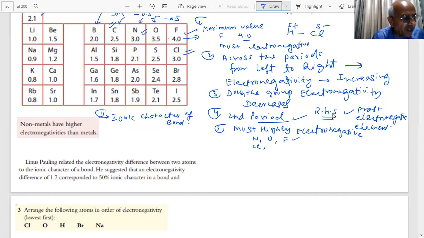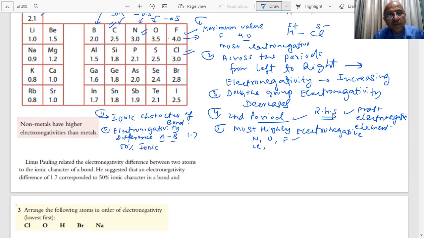He said if the electronegativity difference between the two atoms A and B is 1.7, student, then it corresponds to 50% ionic character. It corresponds to 50% ionic character.